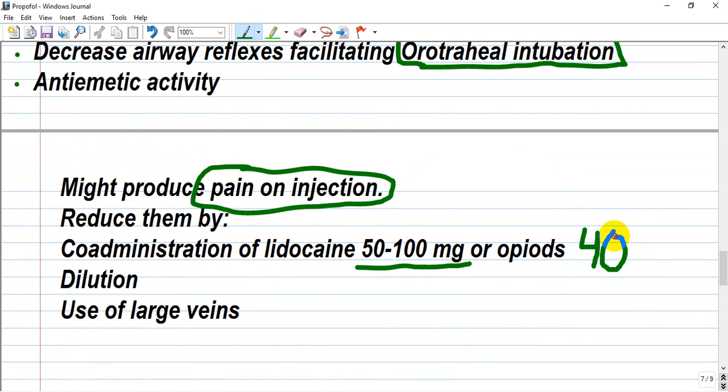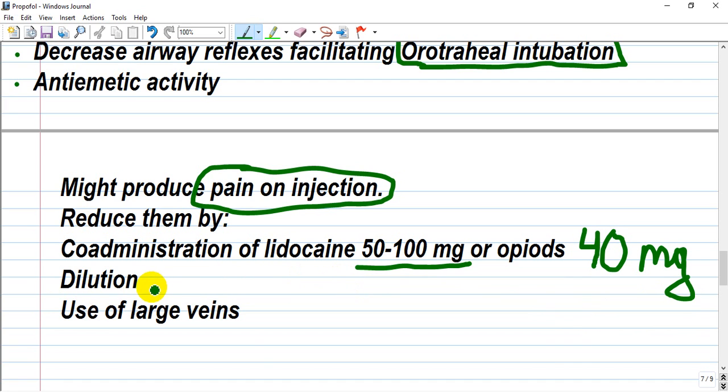Early on, 40 milligrams of lidocaine was used, but doctors now are afraid of secondary effects of lidocaine, which is not only a local anesthetic but also has antiarrhythmic properties. But we know that antiarrhythmics can be proarrhythmics, and you have to be cautious with this.